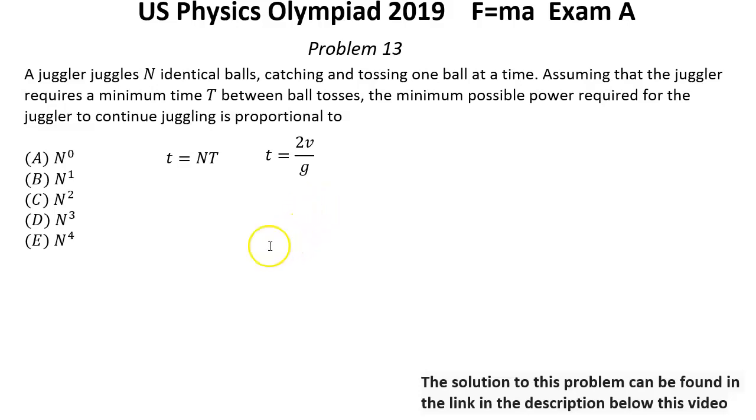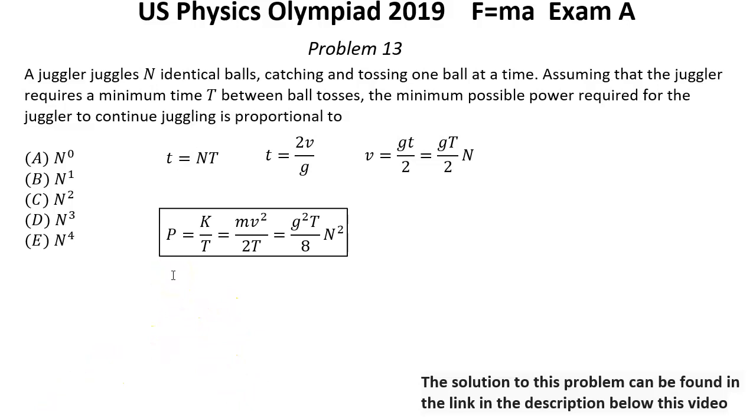Now we can count this speed v. That will be gT over 2 multiplied by n. And to count the minimum possible power, we need to find the kinetic energy for one ball to throw and divide it by time big T. That will be total power.